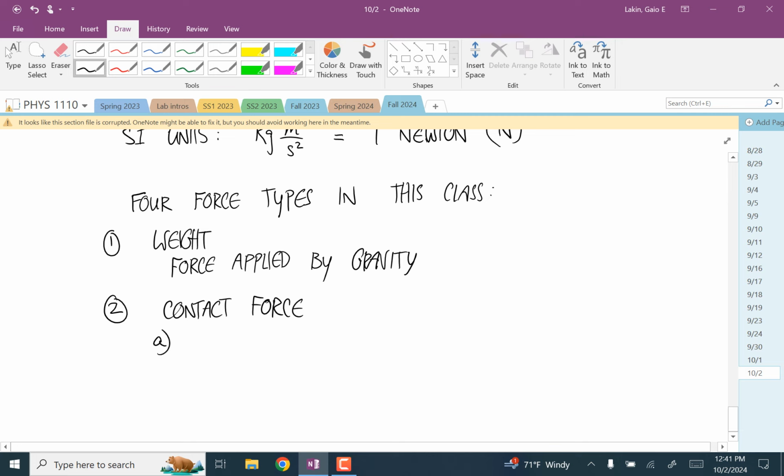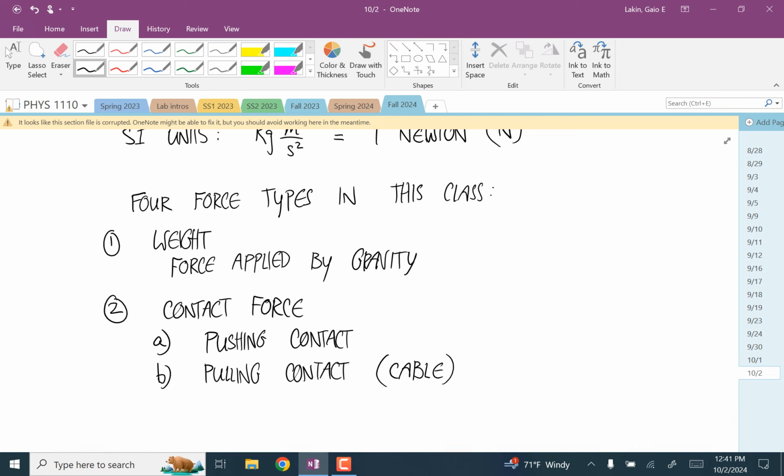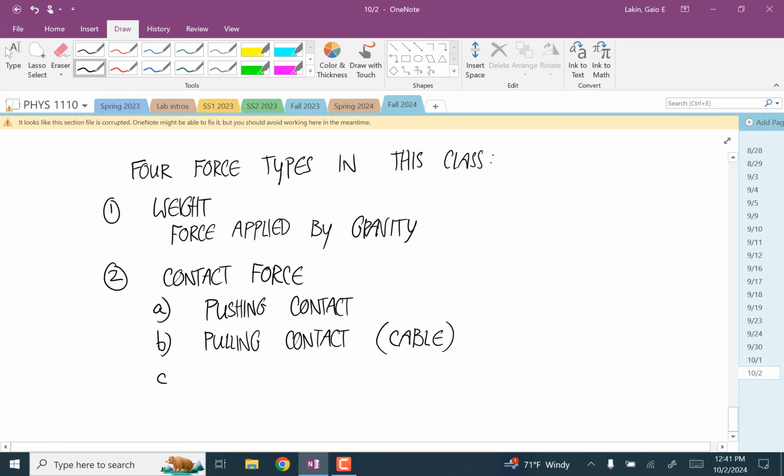And they are a pushing contact, a pulling contact, and for this pulling contact, in parentheses, I'm going to write cable next to it, because when something's pulling on another object, we're always going to think of replacing that contact with a string or a rope, a cable. And then the third one is friction.